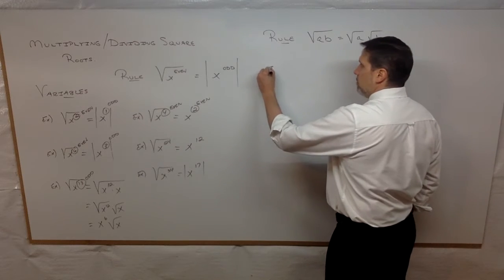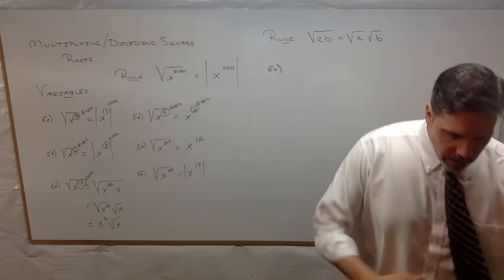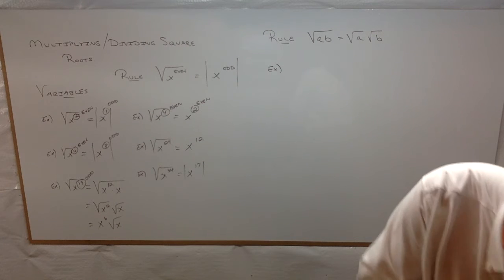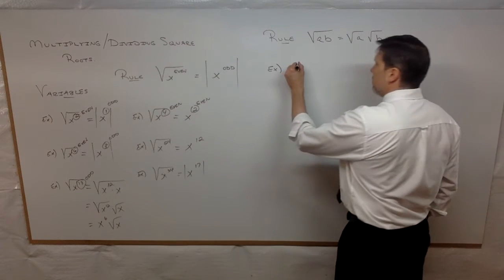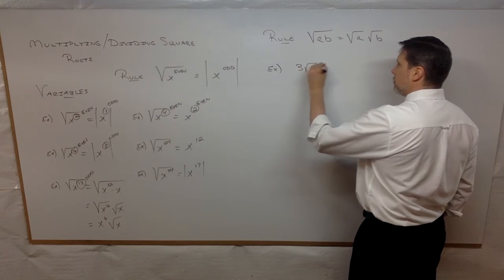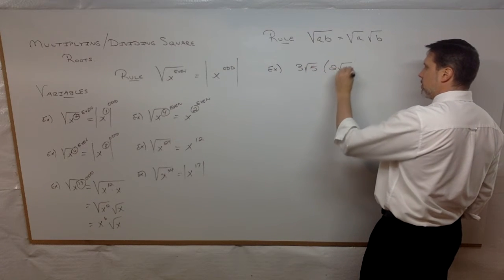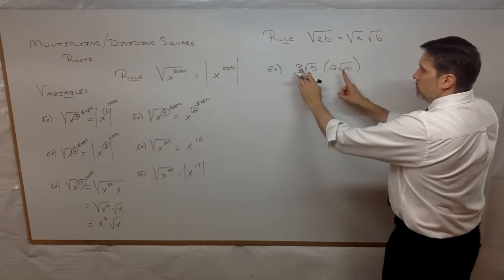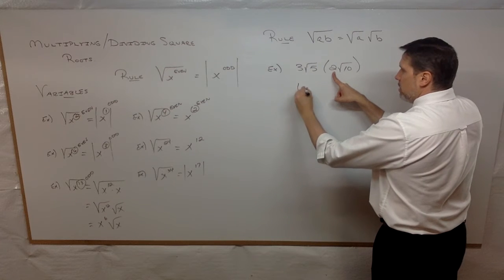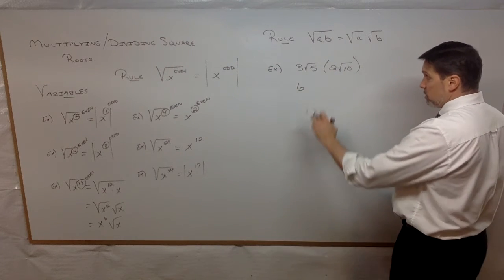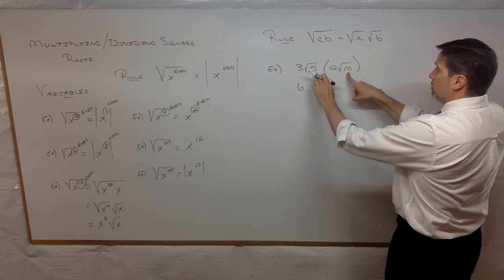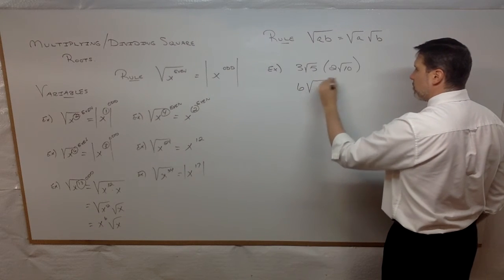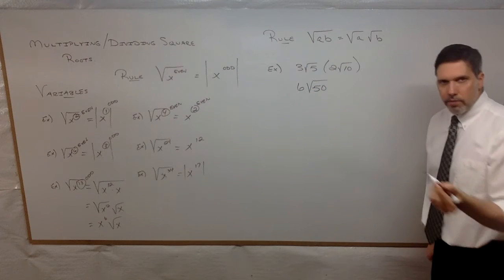So let me give an example of a situation. Say 3 square root of 5 multiplied by 2 square root of 10. If we multiply these together, since it's 3 and 2 on the outside, we're just going to multiply those together to get 6, and then the square root of 5 times the square root of 10, the square root of a times the square root of b, put it back together as the square root of 50.